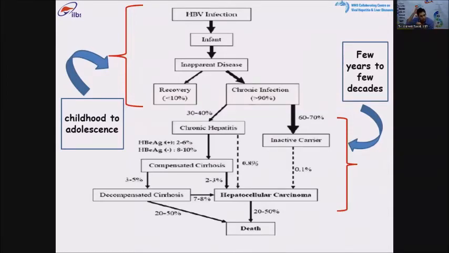The risk increases significantly when they enter adulthood, but most of them will do well. You just have to follow them up, and they only require treatment in specific conditions, when the liver tests start worsening or they develop jaundice. These are only limited indications in which you actually give any treatment.